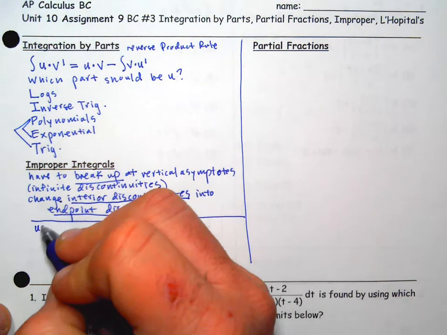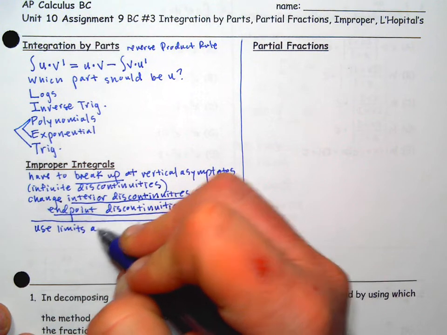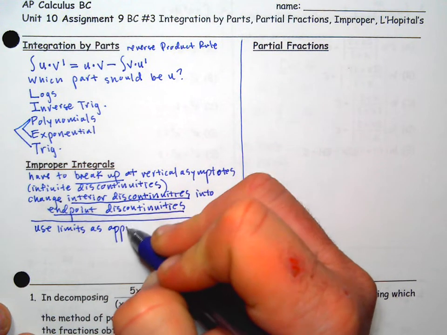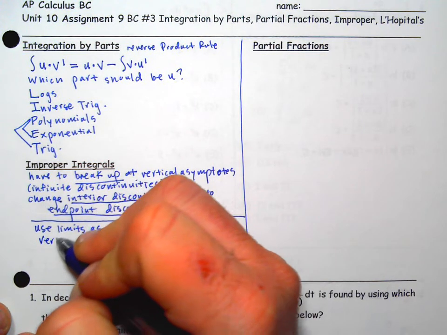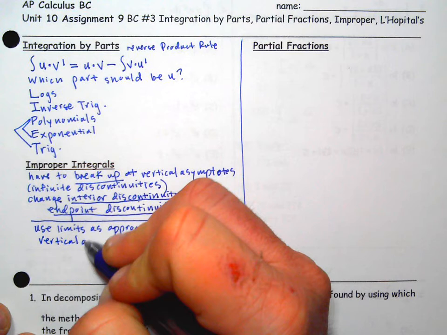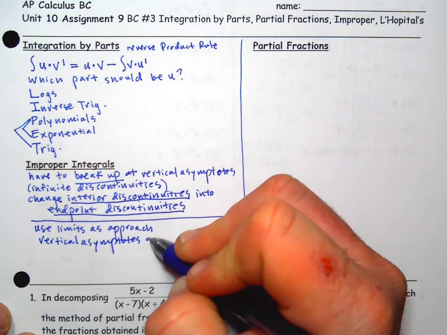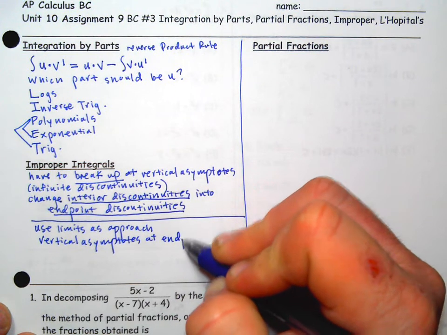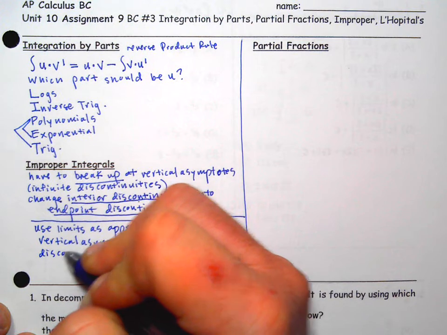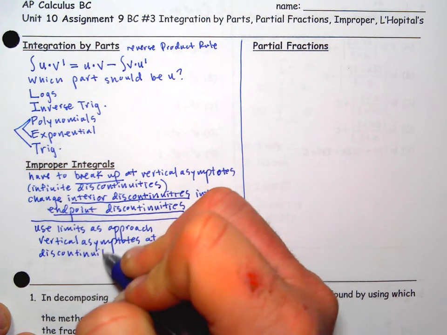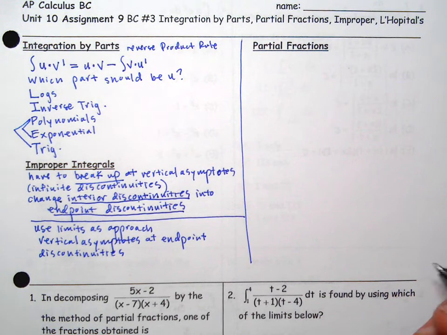We have to use limits as we approach vertical asymptotes at endpoint discontinuities. So we'll do some problems like that.